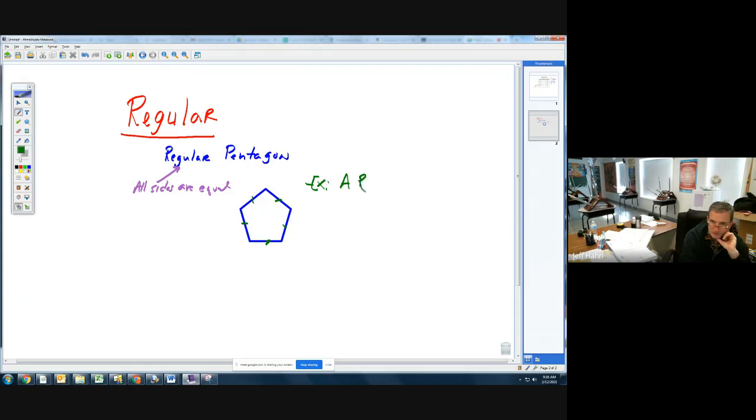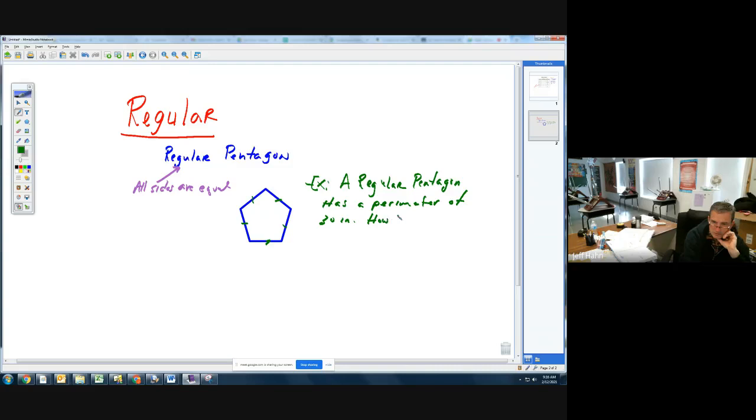a regular pentagon has a perimeter of 30 inches.